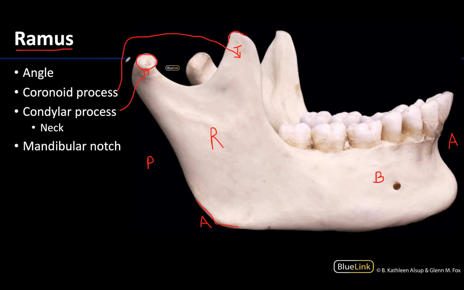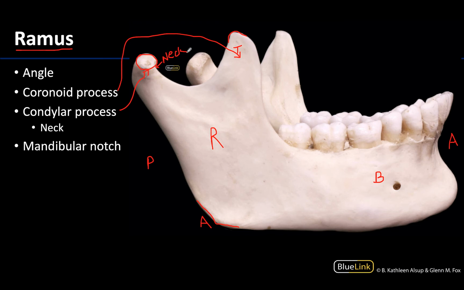As you might have guessed, the joint that this condylar process plays a role in is the temporomandibular joint. So this is going to be the mandibular portion of the TMJ. This pinched in portion of the condylar process will be the neck of the condylar process.